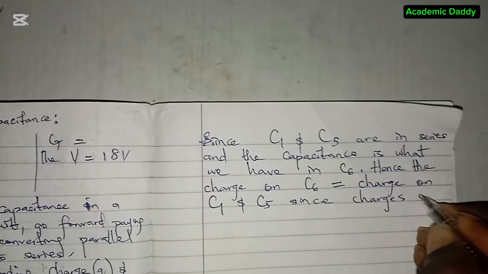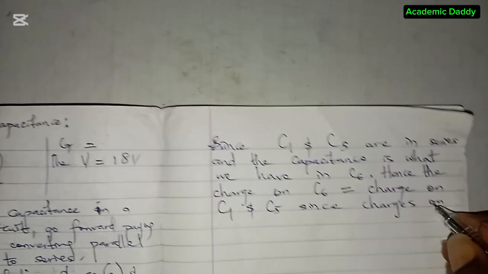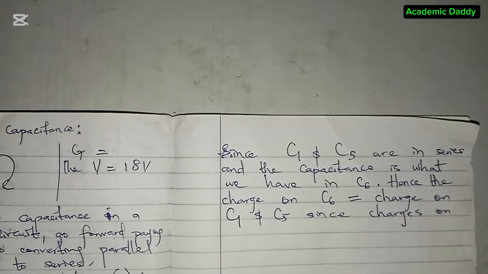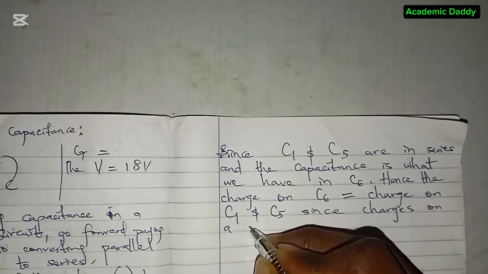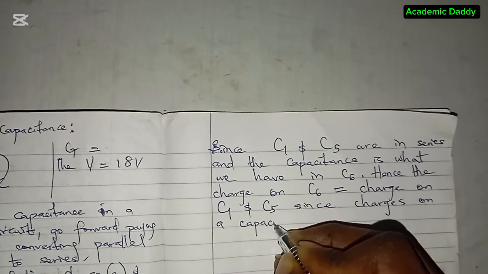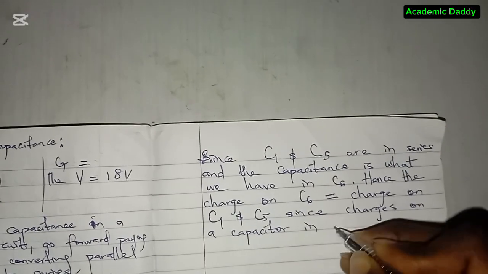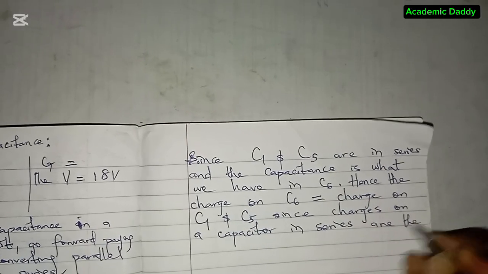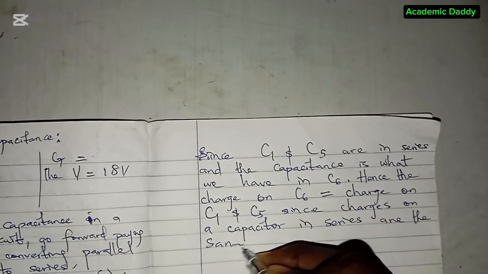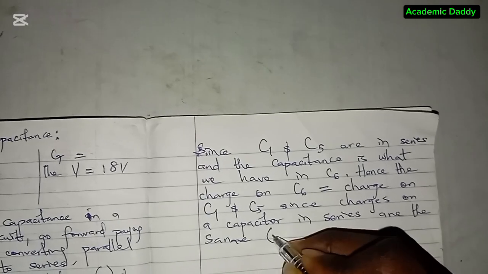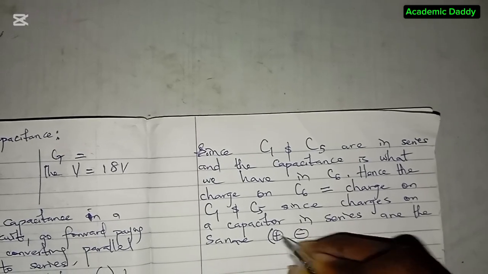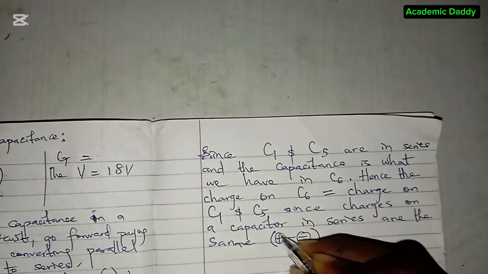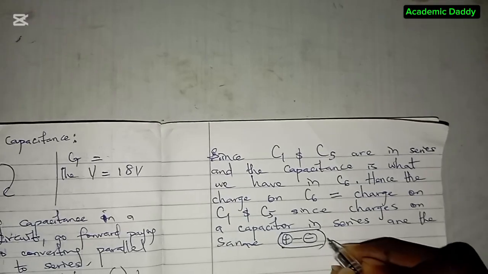charges on a capacitor in series are the same, and you know the reason. I told you the reason. If I have plus, I have minus. If you remember, they are the same.